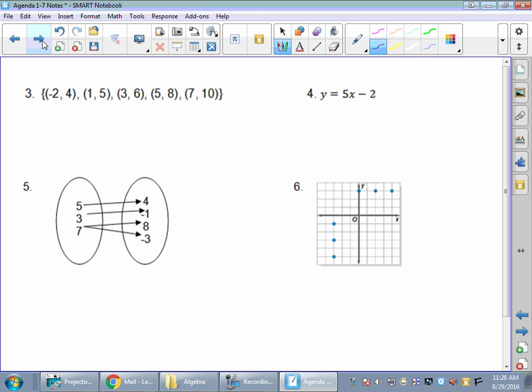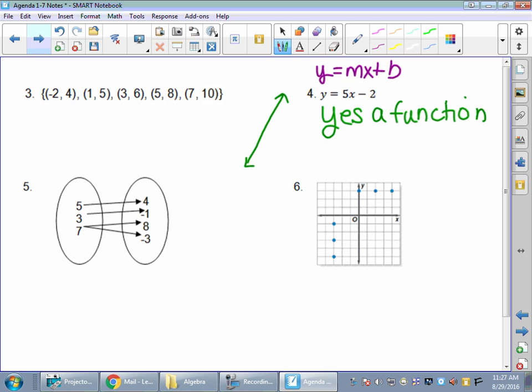And then we've got a bunch more. Before we get to number 6, we can look at that as graphs. Are you getting the feeling for this? Number 4, we actually need to mention really quickly. Just a little hint to you: you probably, hopefully remember slope-intercept form. Whenever you can write an equation in slope-intercept form, yes, this is a function, because if we graphed that, we would just have ourselves a line like this, and we're all good to go.